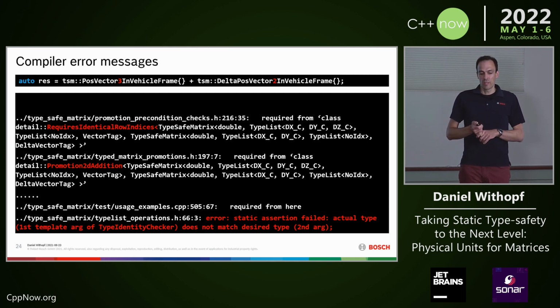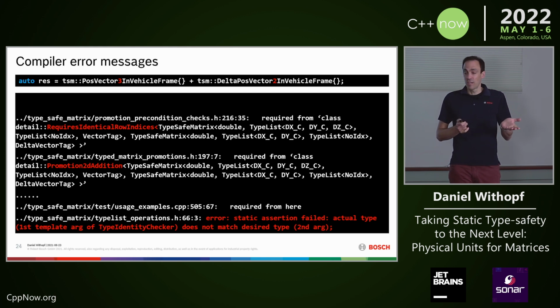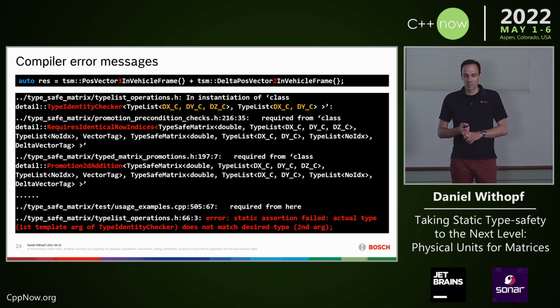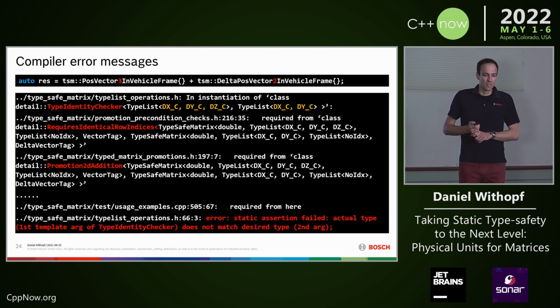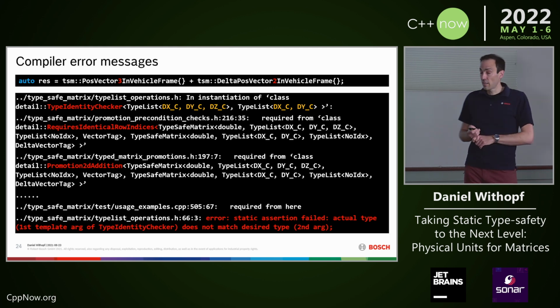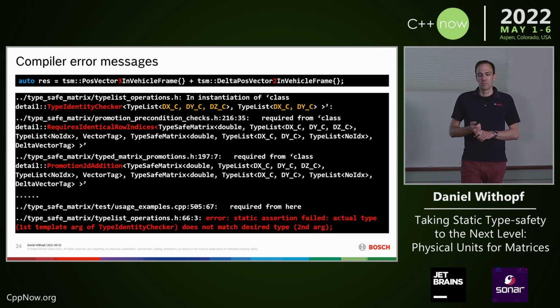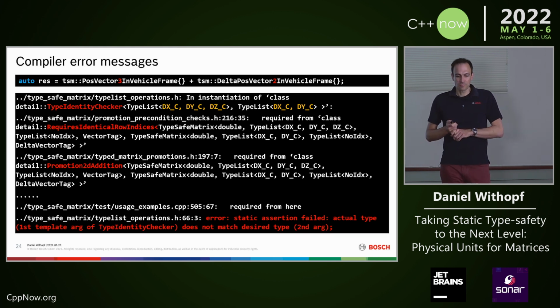We will see that this instantiated requires identical row indices, so the row indices did not match up. And last but not least, we'll end up in the type identity checker template and see, okay, one type list has 3 elements, the other one 2, they don't match up. The same thing would of course also happen if you have 2 2-dimensional type lists that have different indices, then they also wouldn't match up.